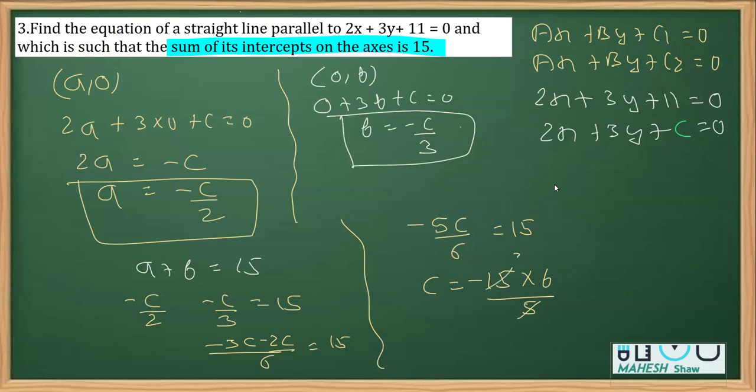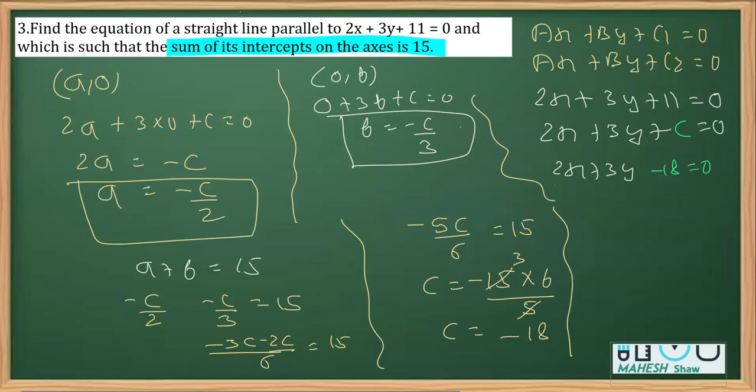So this comes out to be c is equal to minus 18. Once we get the value of c, we can replace this c to obtain the equation. So the required equation will be 2x plus 3y plus c, and c is minus 18. So I can replace this: 2x plus 3y minus 18 equal to 0. So you can say this is the required equation.